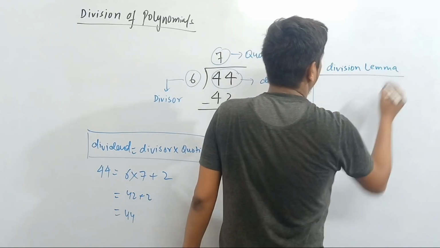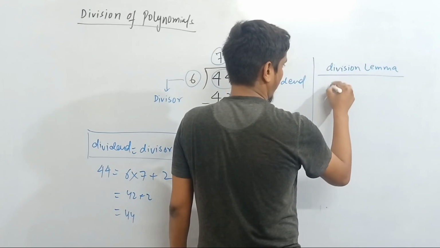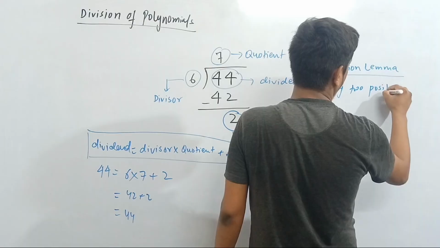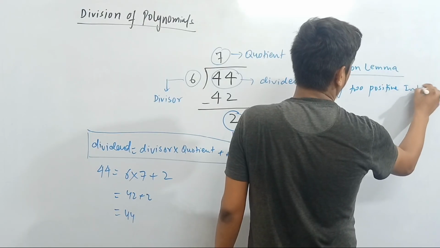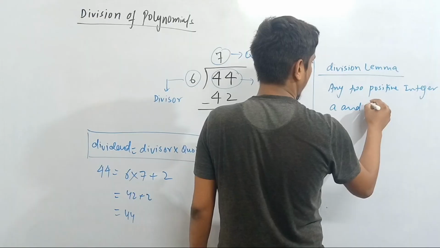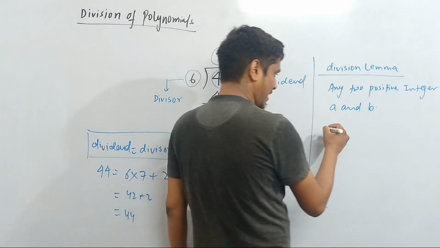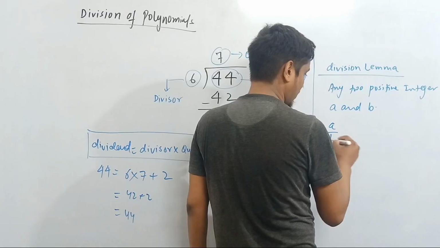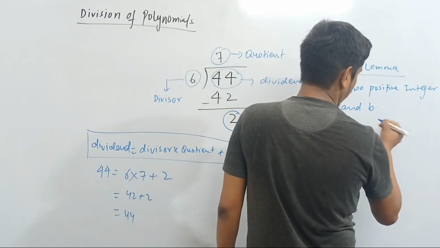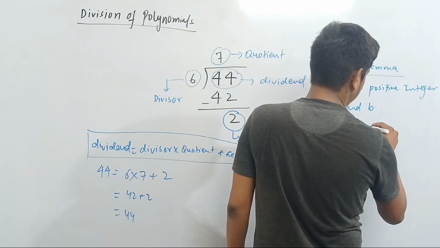Let's say we have any two positive integers a and b. If we are dividing a by b, then we'll get two unique integers, q and r.